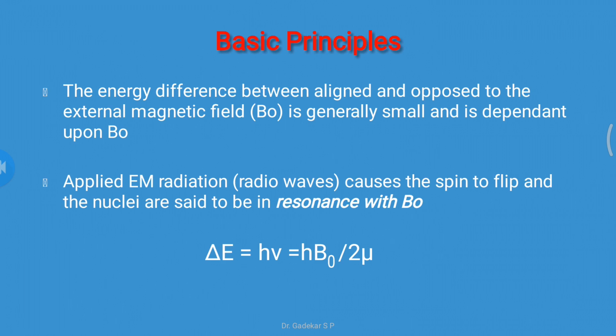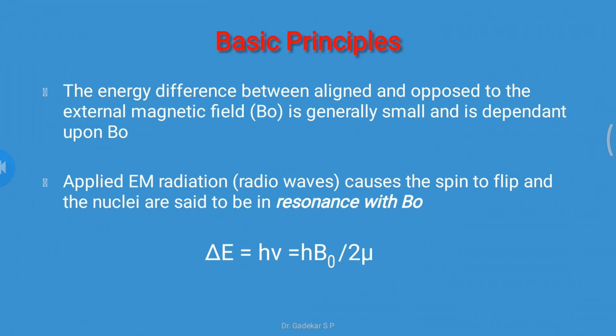If the applied magnetic field increases, it means the spins oppose; if the energy decreases, it means they align with.